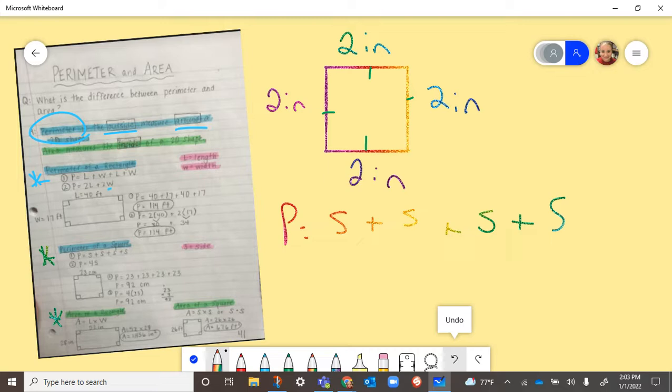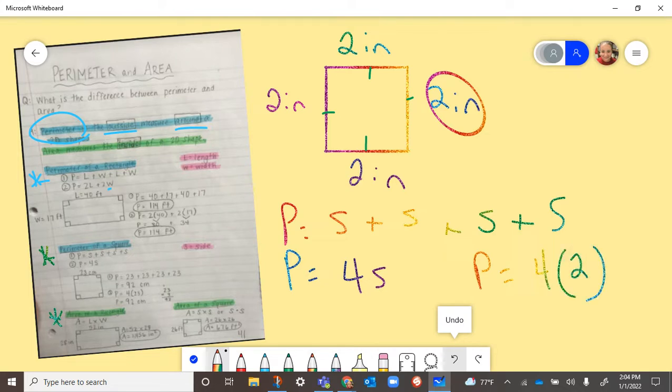Another way you can see it, just to simplify it, is P, which stands for perimeter, equals 4S. Here, S stands for side. So you just find one of the sides and plug that in. So P equals 4S, but instead of the S, we're going to put 2, and then we would get that same answer of 8. So that's perimeter.